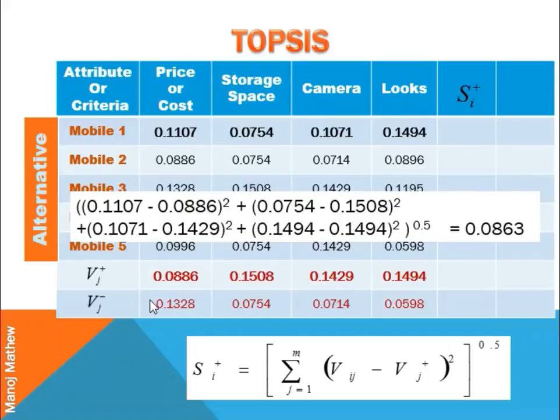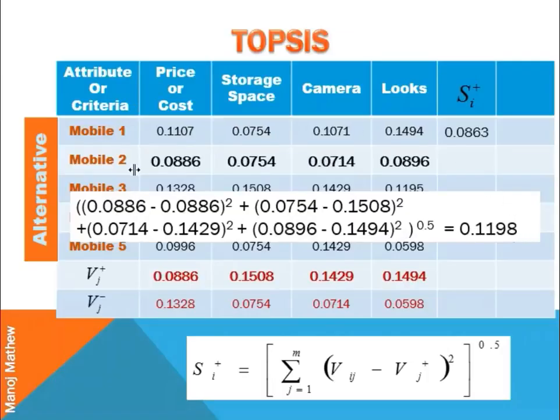We take the difference and then square it. Finally, we sum all the squared values and then take the square root. So here we can see that the difference is being squared and added, and finally the root has been taken, which gives a value 0.0863. This is the value for the first mobile, or the first alternative.